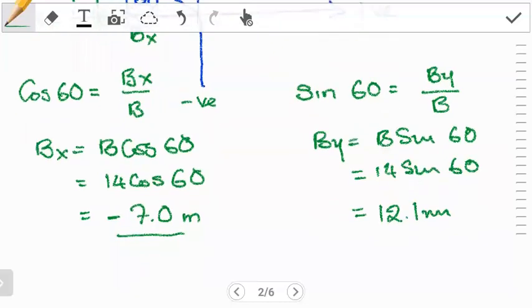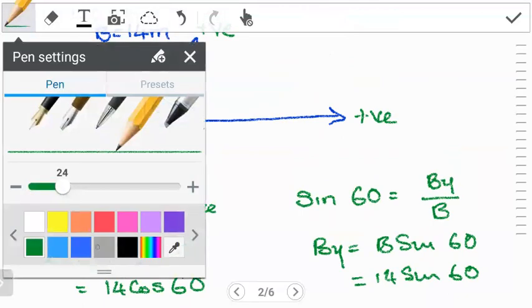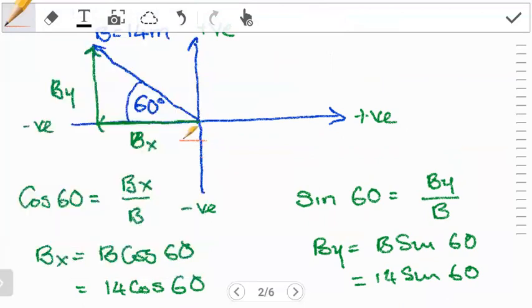Okay, now this is just one method where we take the angle exactly where it is here. But then there's another method. In the second method, instead of using the angle where it is, we can maintain the standard way of measuring these angles, which is from the positive x.